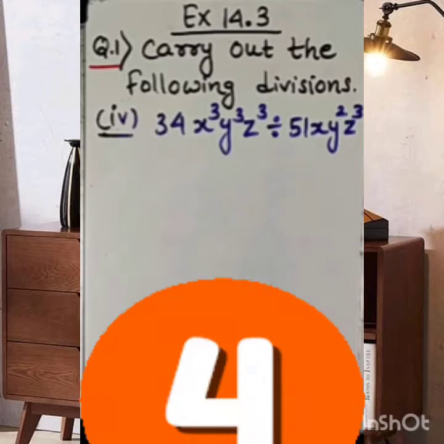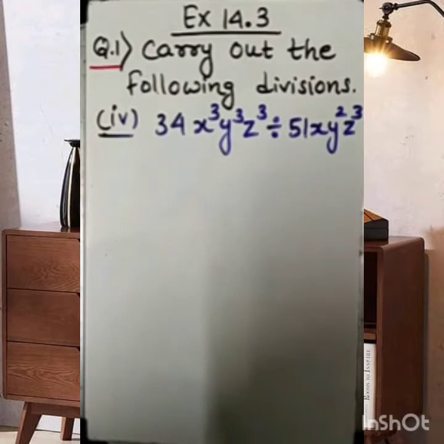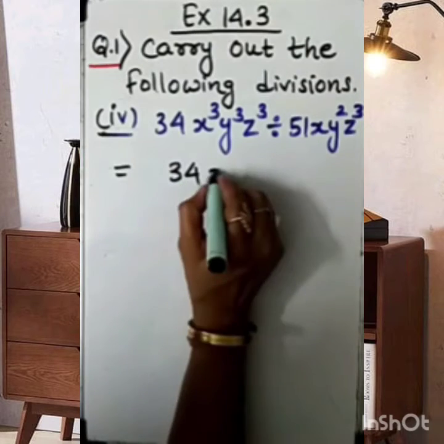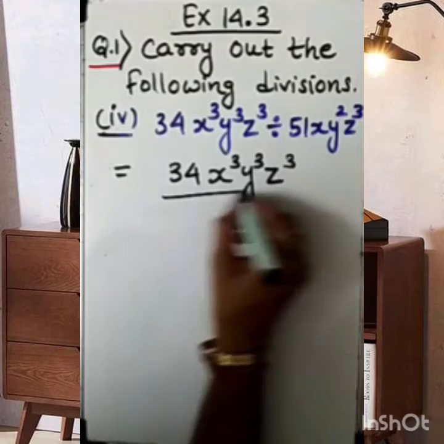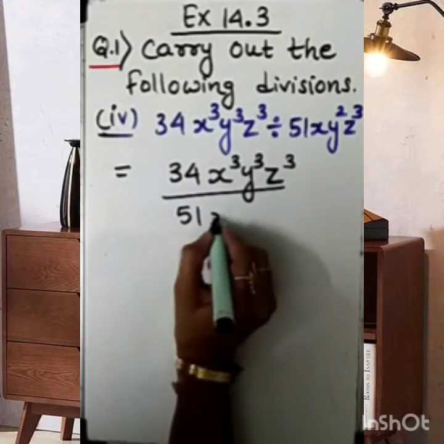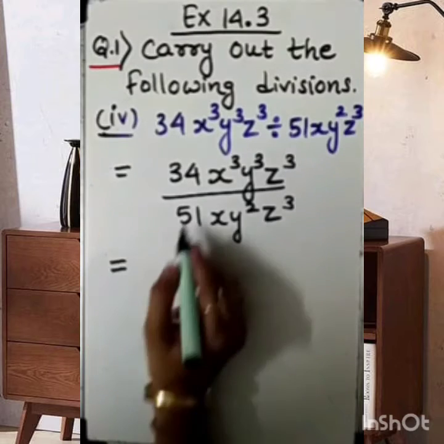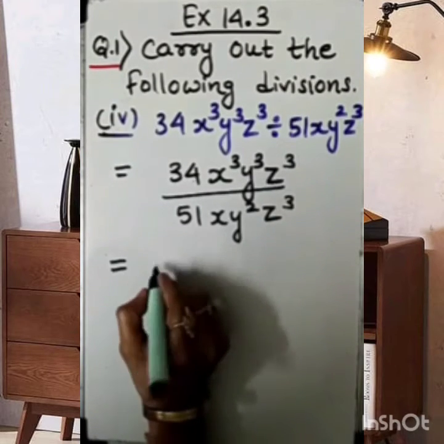Now fourth, we are given 34x cube y cube z cube, divided by 51x y square z. So let's write it in a proper way: 34 x cube y cube z cube upon 51 x y square z. So my dear student, the factors of 34 are 2 into 17.